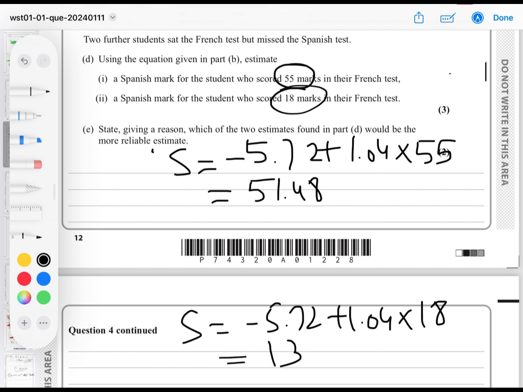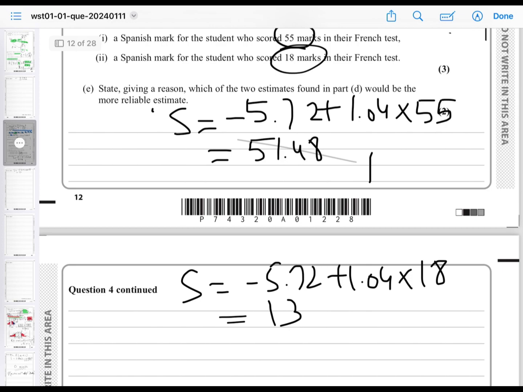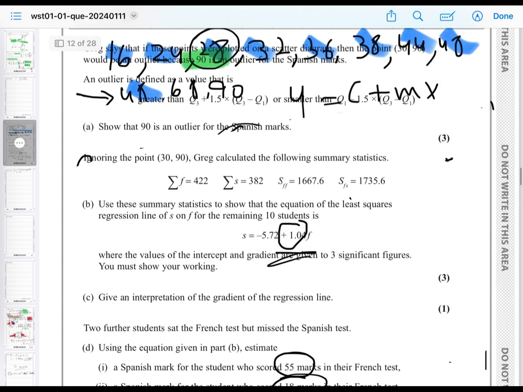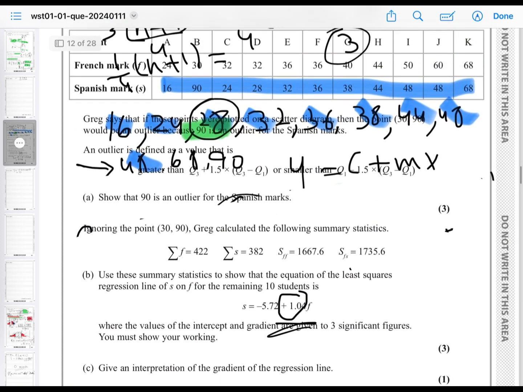Okay, so now the last part: state, giving a reason, which of the two estimates found in part D would be the more reliable estimate. Now you can see the reason we have to give here. The first reason is about the Spanish marks.